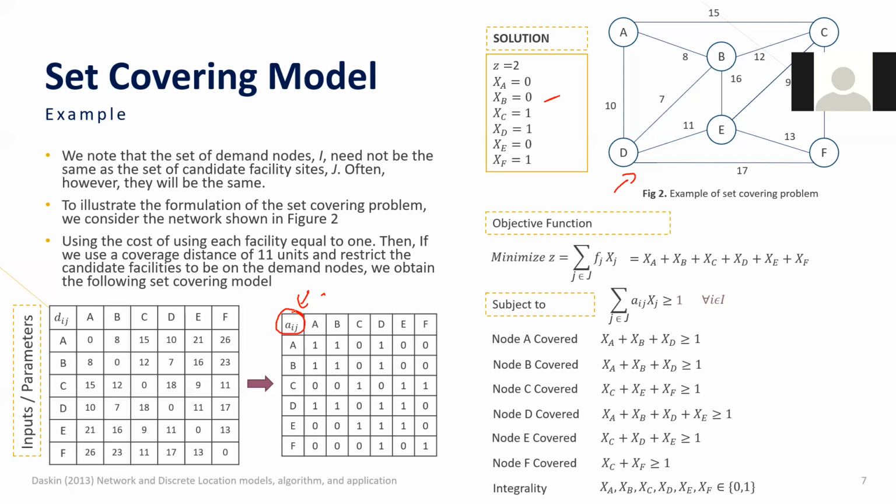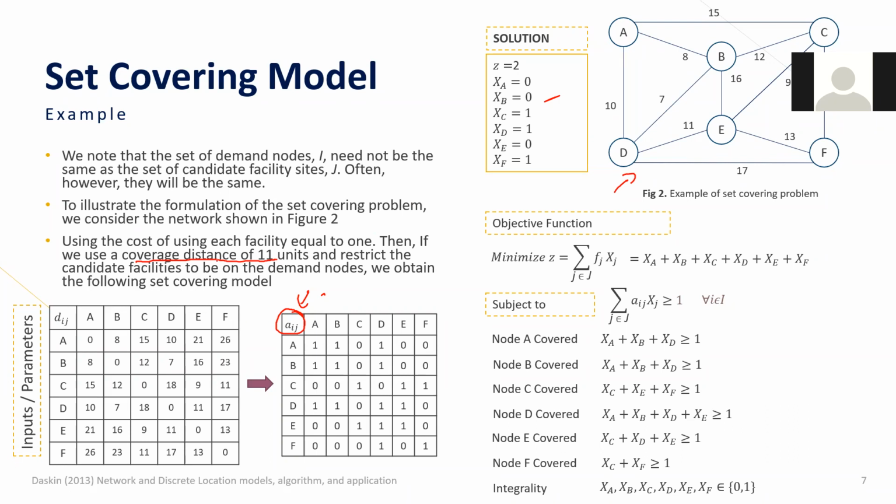So first, to define the Aij, we need the variable that mentions the coverage distance. It means that if you use one node as the facility, based on this coverage distance radius, you can generate the information of Aij, which defines which nodes will be covered if you open a facility in that particular node.